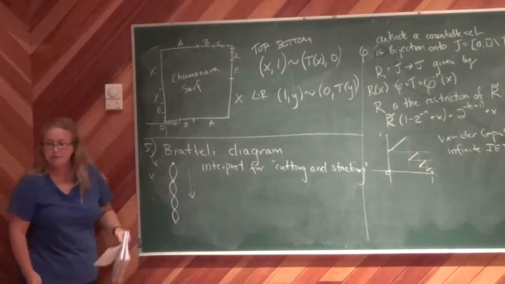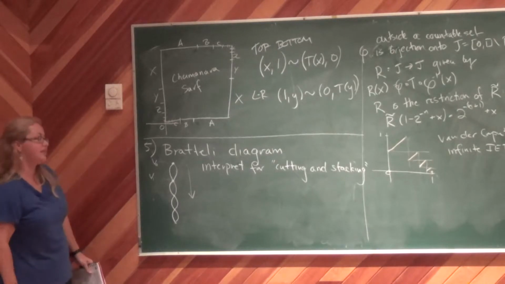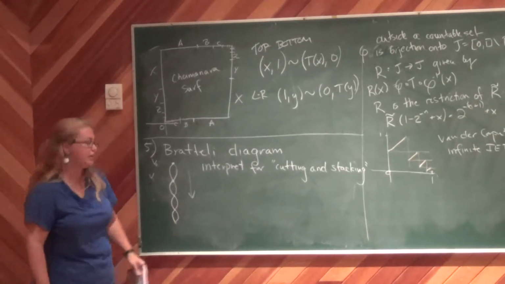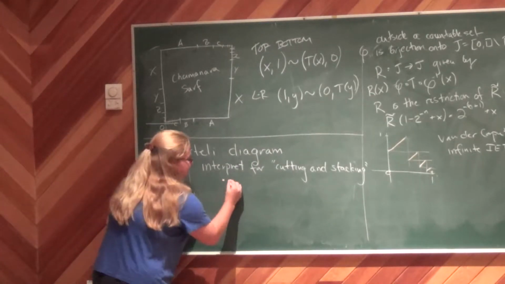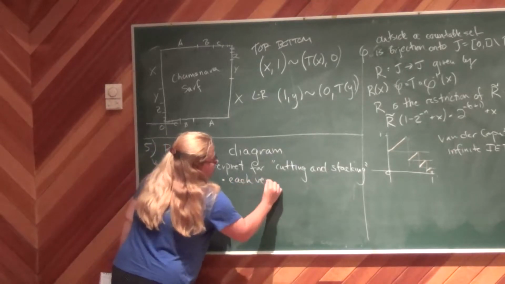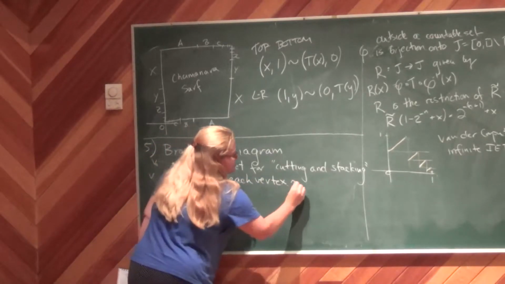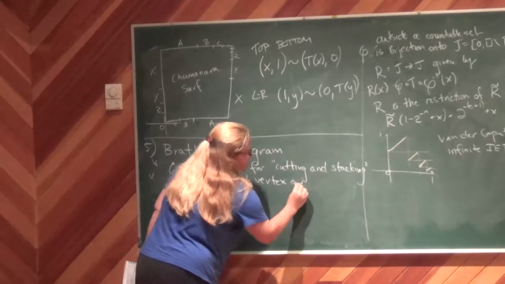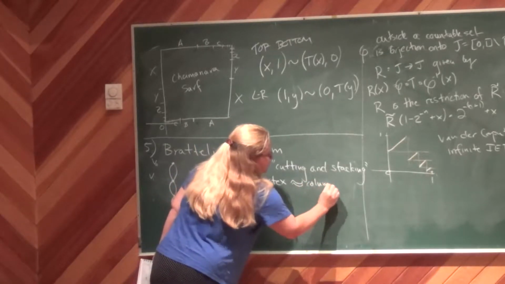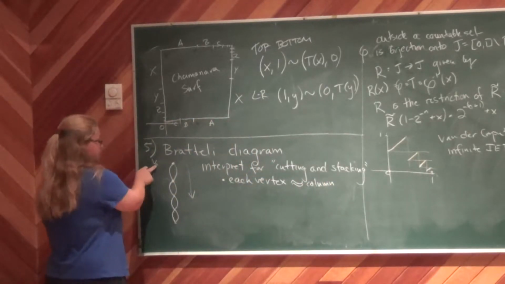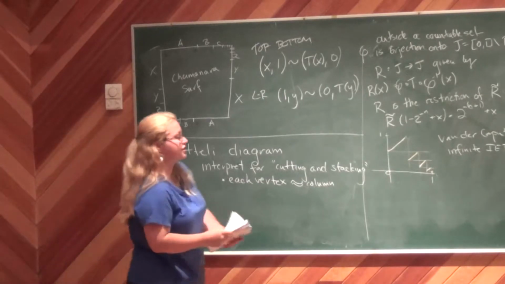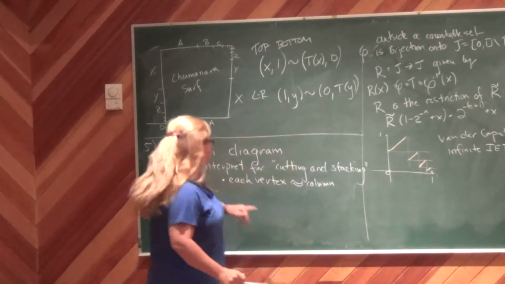Each vertex we're going to think of as representing a column in the cutting and stacking construction. Each vertex corresponds to a column, and in particular, the V0 level vertex corresponds to the C0 column.